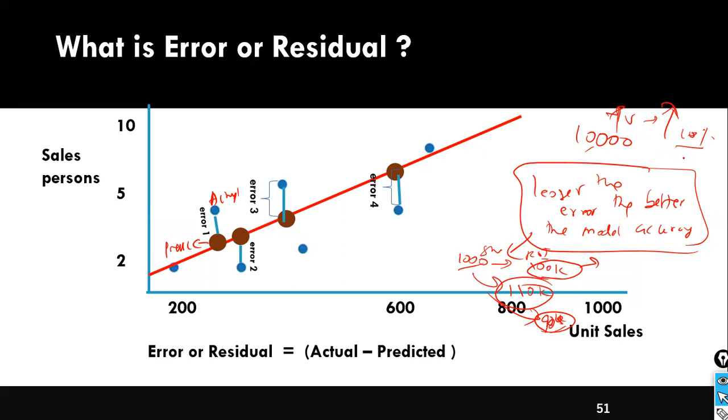But if he sees only a 2% increase in sales, then your predicted value is not correct. The prediction accuracy is not good. So when it comes to any machine learning model, accuracy matters a lot.